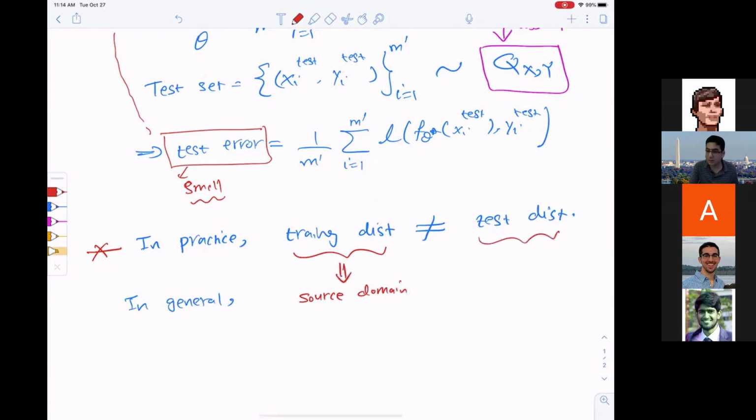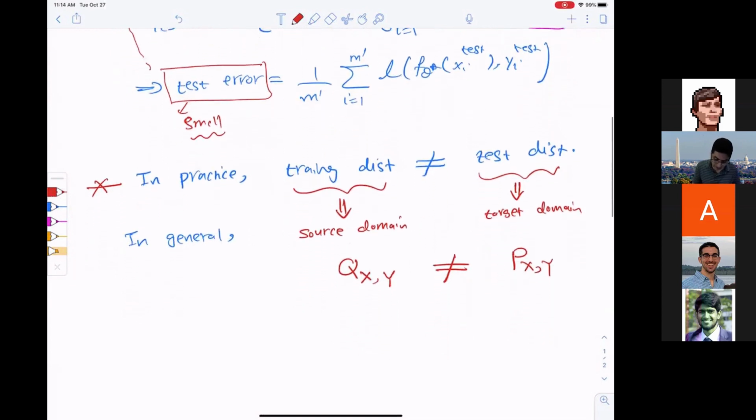And the set that ultimately we'll test on, we refer to as the target domain. And again, the distribution of samples in the source domain, let's represent it by QXY, can be different than the distribution of samples in the target domain. Let's refer to it as PXY. So these two distributions can be different from one another.